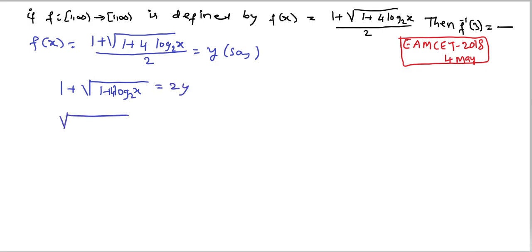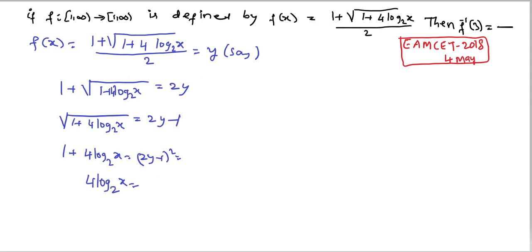Under root of 1 plus 4 log x is equal to 2y minus 1. Squaring on both sides, 1 plus 4 log x base 2 is equal to 2y minus 1 whole square.